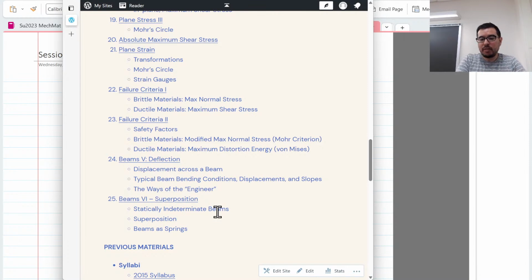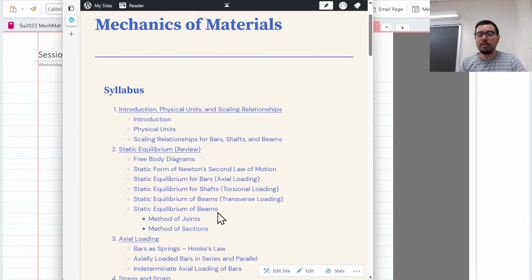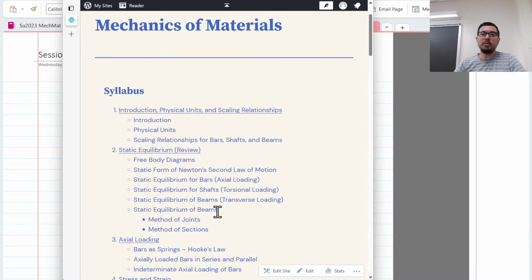If we take the big perspective in terms of what we have learned this semester, essentially we've learned how to take the situations that you studied in statics, where you have some type of structure, usually a simple structure, a bar, a rod being twisted, a beam, or our new knowledge about pressure vessels.